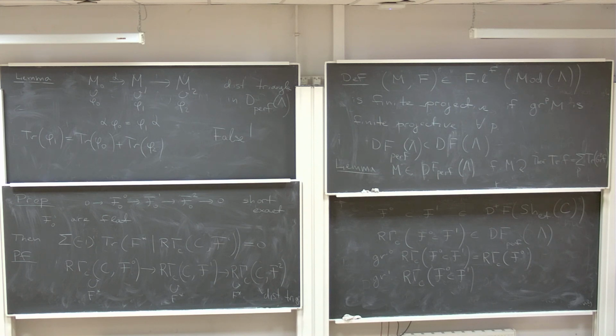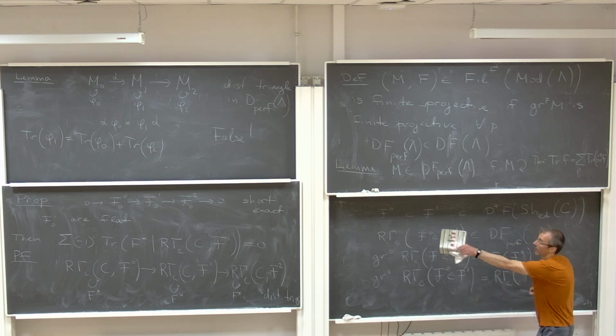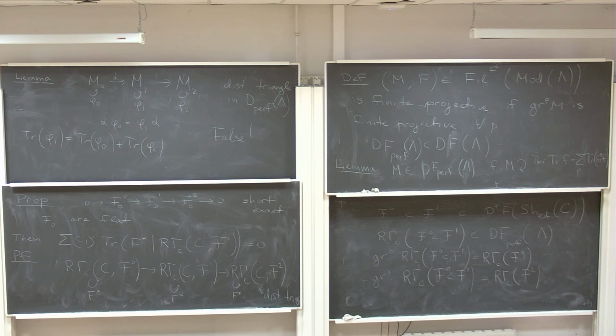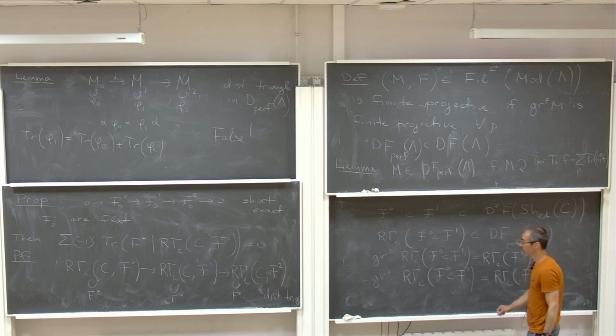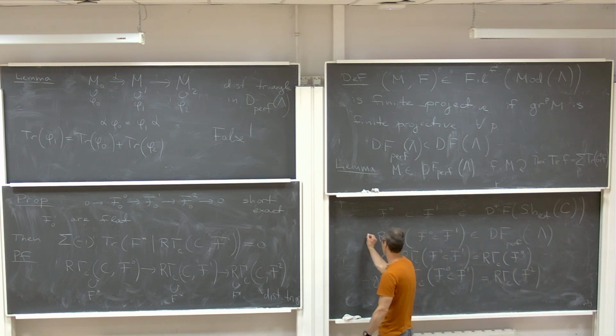Who knows? Yes. This is R gamma with compact support of F2. I use that notation. So these are perfect. It follows that this guy is also perfect. And now this has an endomorphism F, a filtered endomorphism.